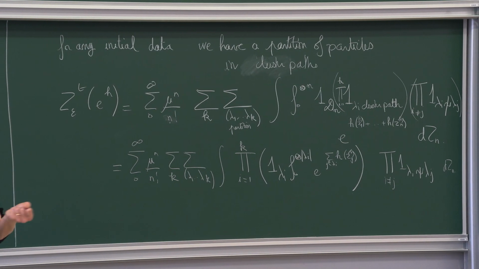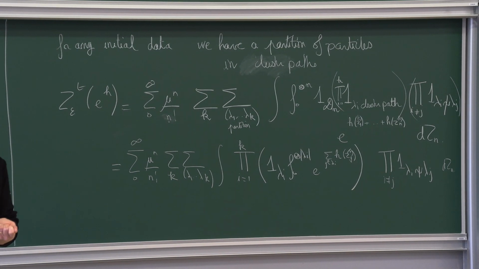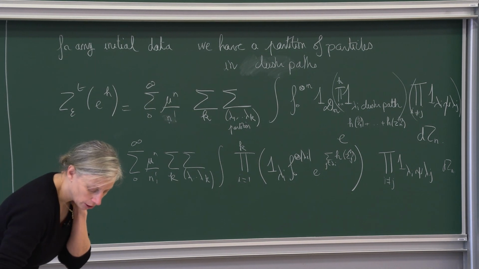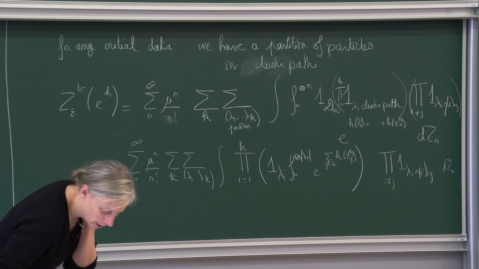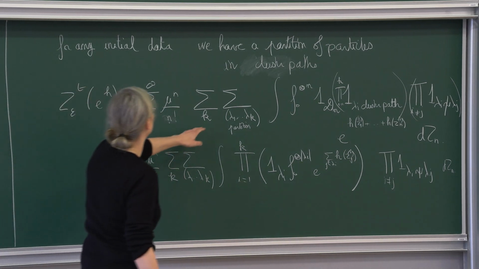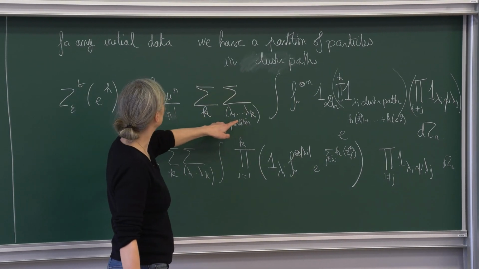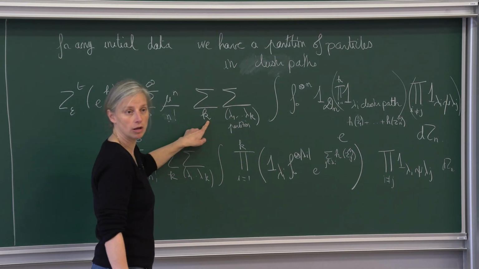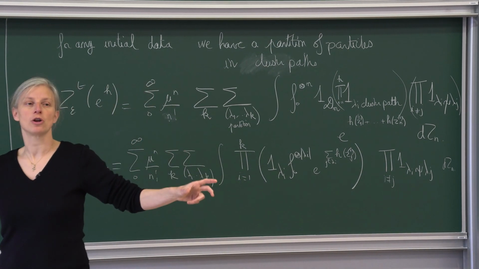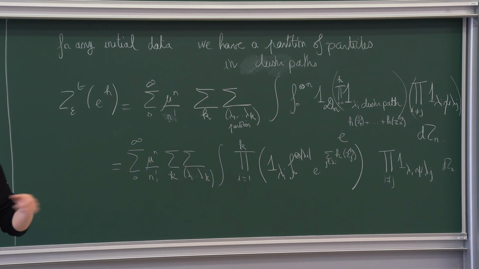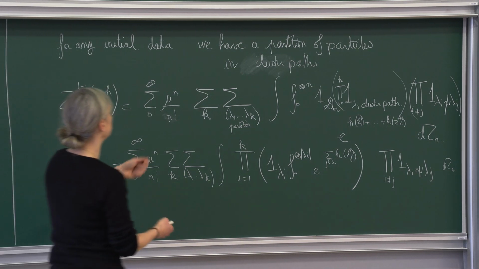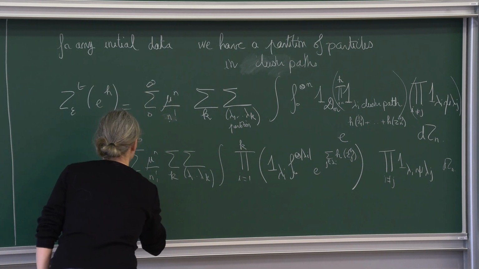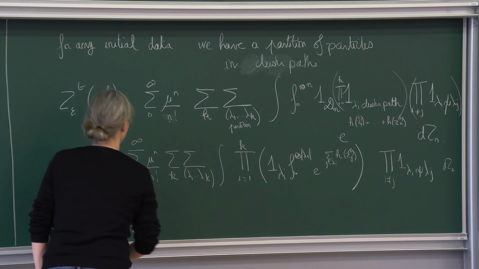What is important is the number of particles and their positions. So at this point, you can use exchangeability to construct this. I will look at the sum over k. I fix the number of clusters, and then I put the different particles in the different clusters. So this is just Fubini.